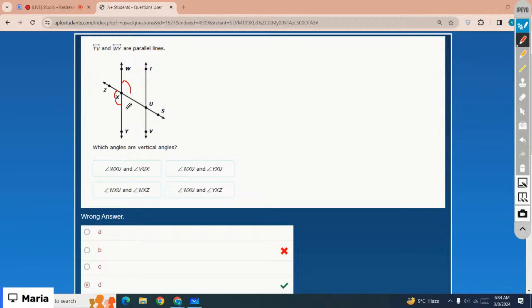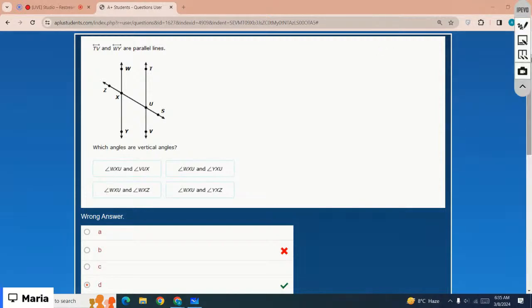No, not B. That is D. YXU is this side. So this one and this one are the alternate angles. Sorry, vertical angles. D is the correct option. I made the same mistake.